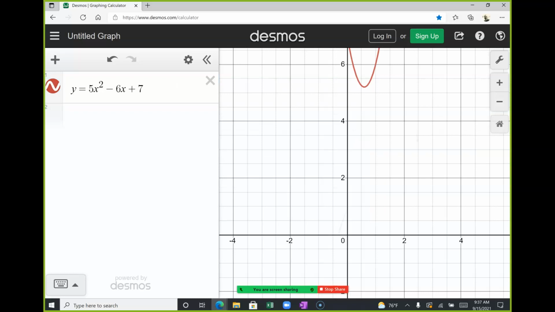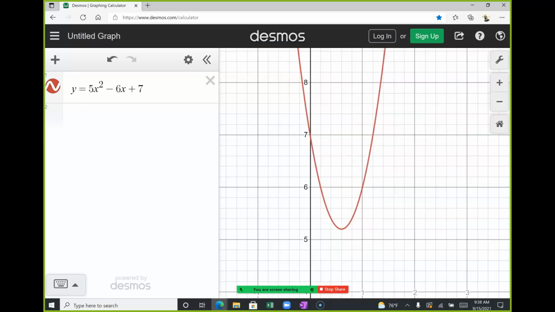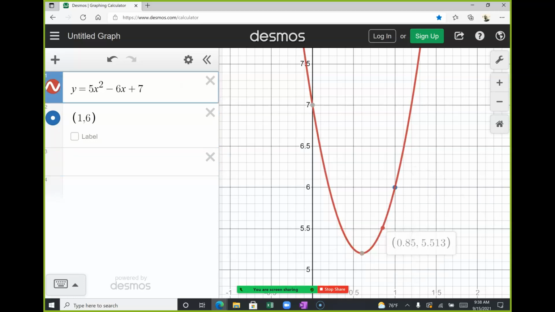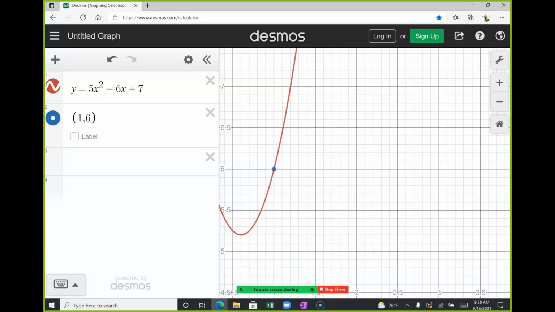I want to graph my fixed point of 1, 6, kind of just to double check that I have it right. And there is a way to graph a point. It wasn't my vertex, of course it wasn't my vertex, right? So I want to have a fixed point on there, and now I want to graph my secant line.